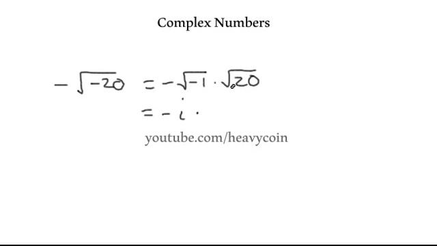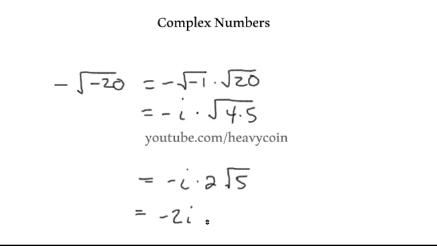Let's just get that out of the way. We can break 20 up as 4 times 5. And of course the square root of 4 is 2, and we can't break that down anymore. And the standard form would be -2i, and we'd write the radical over on the right hand side of the i right there.